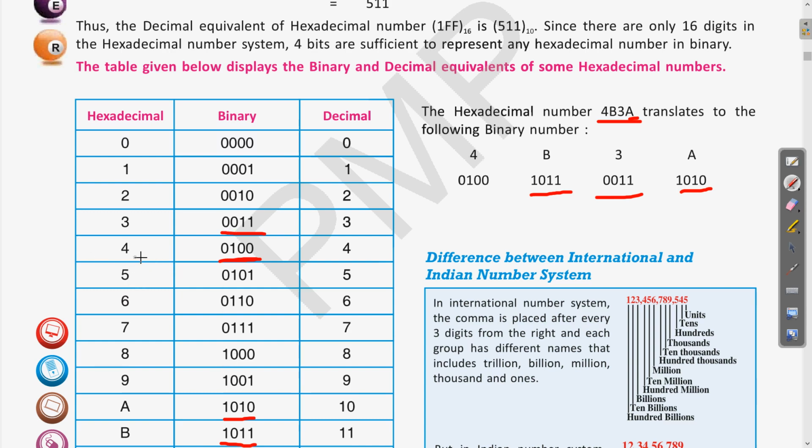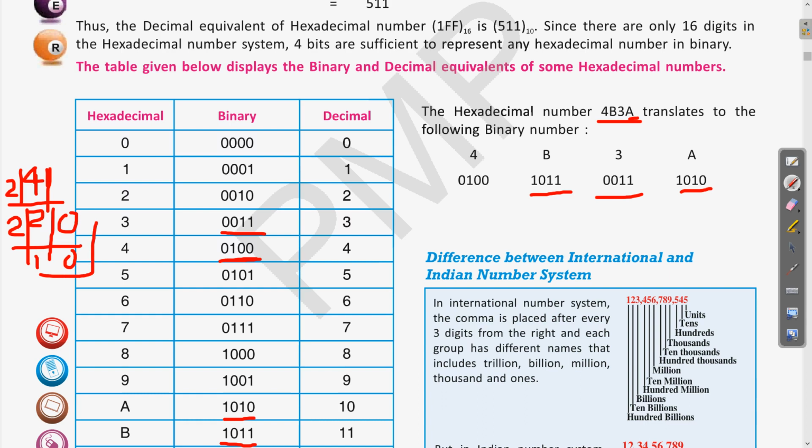Suppose I want to get the binary of 4. What can we do? We can do the division of 4. Very simple it is. If you divide 4 by 2, very easily you get 2, 2 2s are 4. Remainder is 0. If again you divide 2 by 2, 2 1s are 2. Remainder 0.